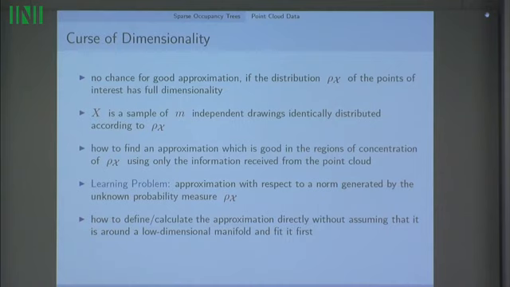So what is the basic way to do that? We assume that we have small n independent drawings, identically distributed according to the measure rho in the space X, and our hope is that this measure rho is not full dimensional, that it is actually spread around a manifold or some set of lower dimension.